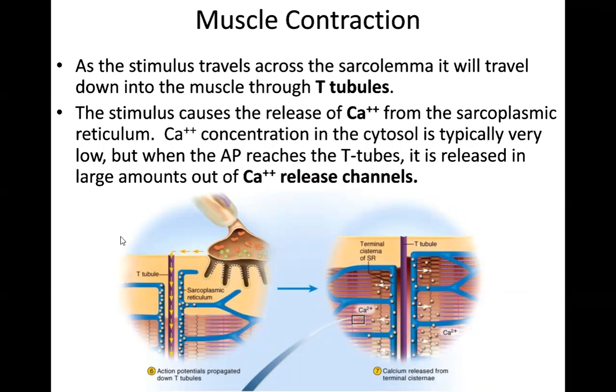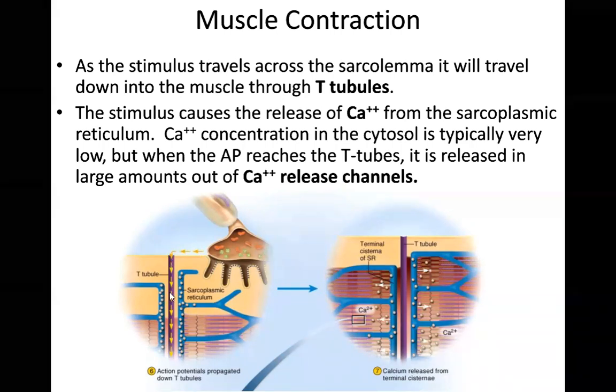Okay, and our picture over here on the left side, these yellow arrows, just think of those as the action potential spreading from that motor end plate across the plasma membrane, the sarcolemma, but more importantly, into the center of the muscle fiber, thanks to those transverse tubules, T-tubes for short. And remember, on both sides of a T-tube are fattened portions of the sarcoplasmic reticulum, the SR, called terminal cisterna.